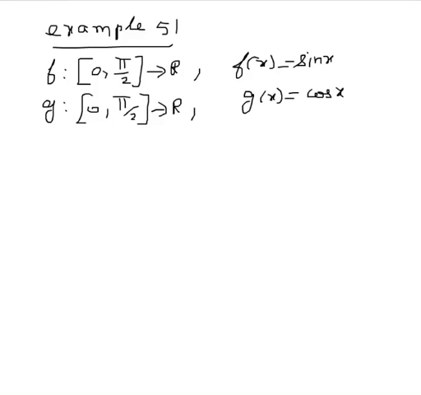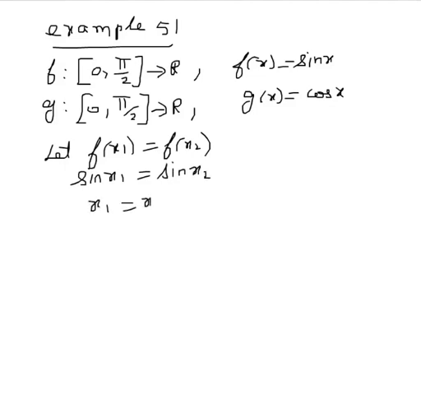See the domain for both the functions, it is the first quadrant. So in the first quadrant, for different angles, we get different values for sine as well as cos functions. Let f of x1 equal f of x2. That is, sin x1 equals sin x2.